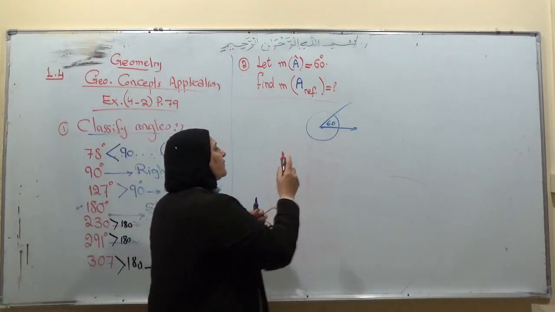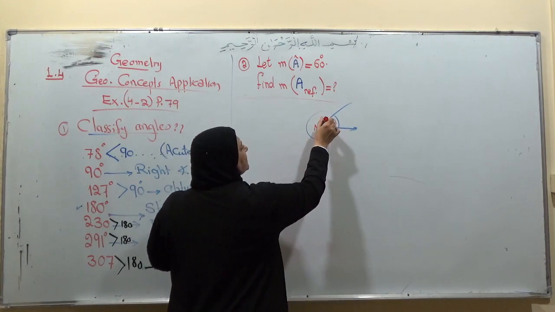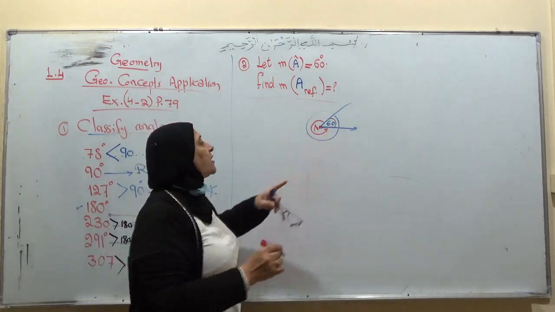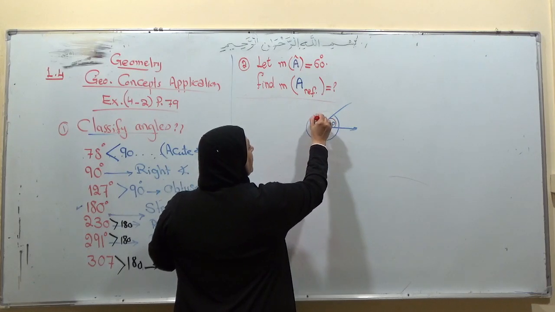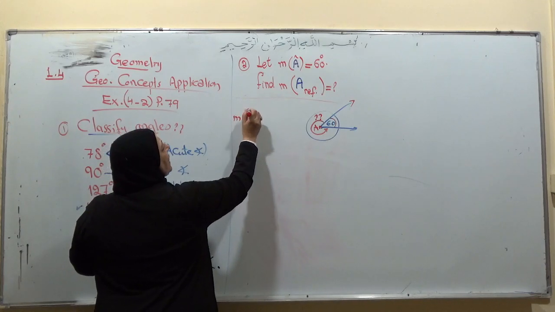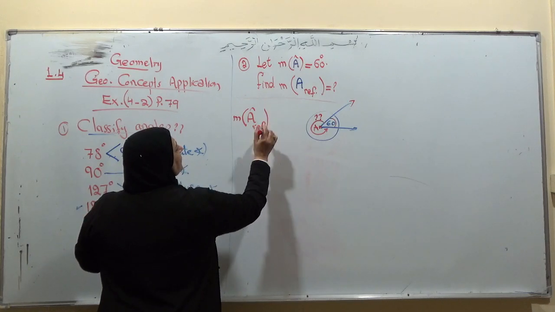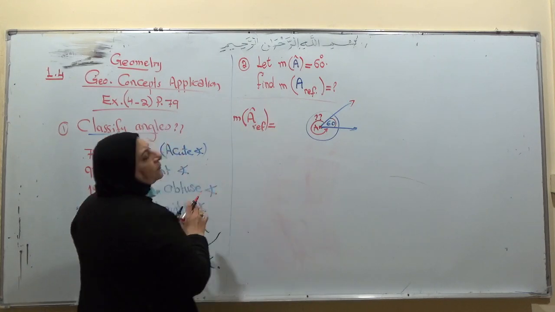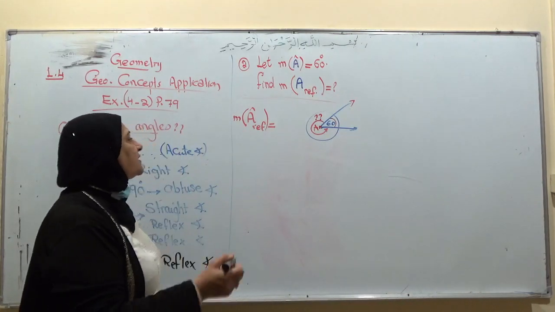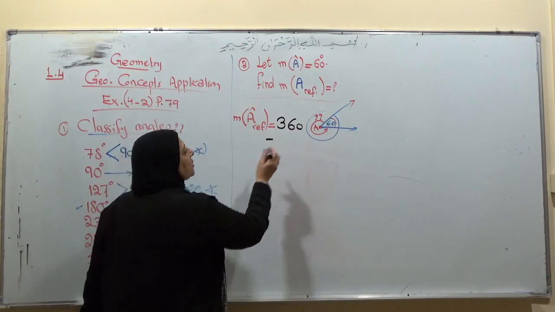The vertex is A. But this is the interior and this is the outside. The inner angle is 60 degrees. So how can we get angle A also the outside? The measure of reflex angle A equals 360 minus 60 degrees.